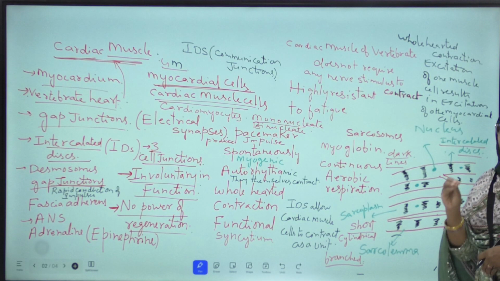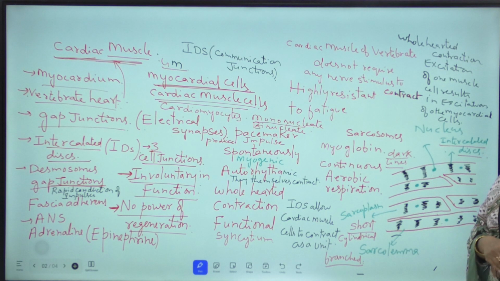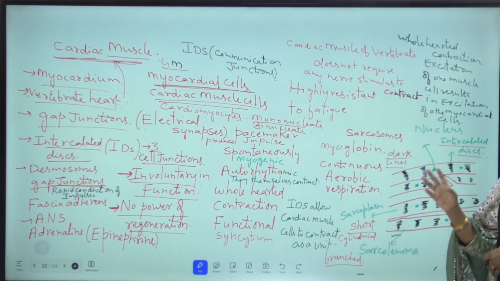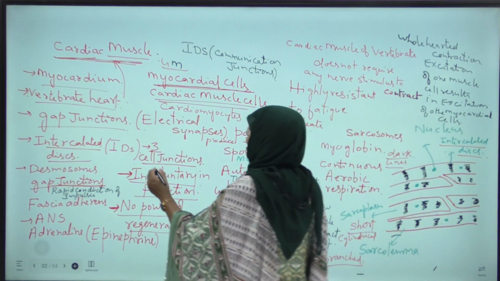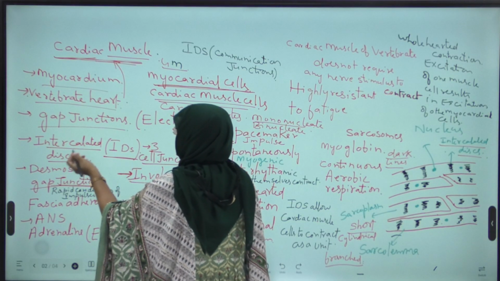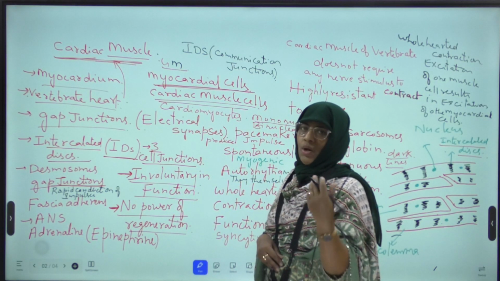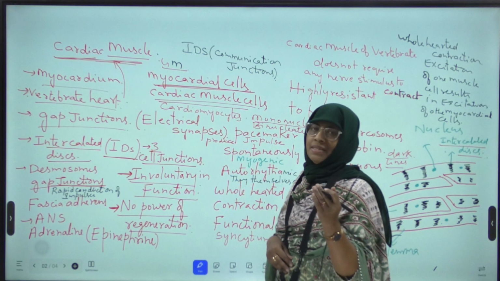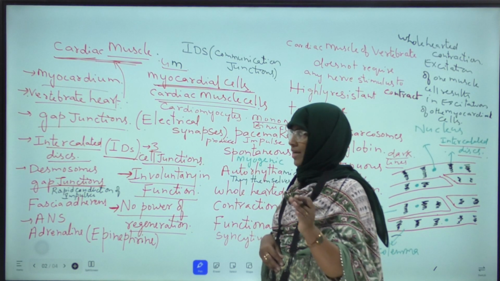Presence of intercalated discs is the characteristic feature of cardiac muscle. They are also called IDs. These intercalated discs are nothing but dark lines across the cardiac muscles.